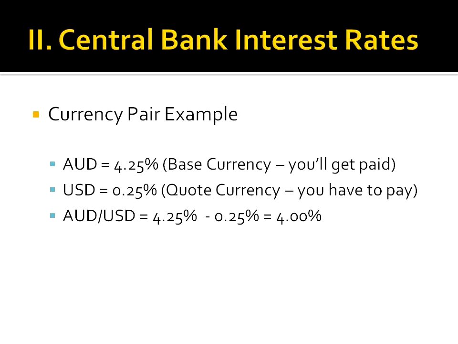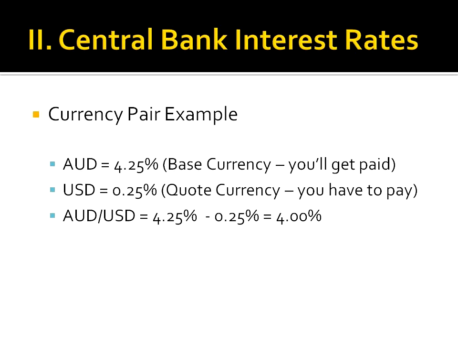So if you're buying the currency pair, Australian dollar, US dollar, you'll be buying the Australian dollar and at the same time selling the US dollar. So the difference then becomes 4.25% is what you're going to get paid. 0.25% is what you're going to have to pay because you're selling. That equals out to 4% in your favor.